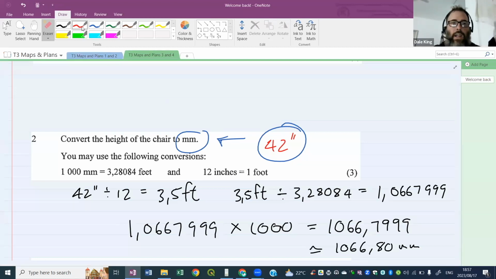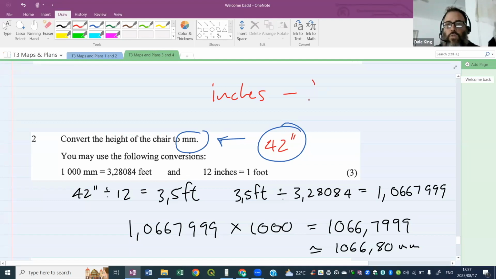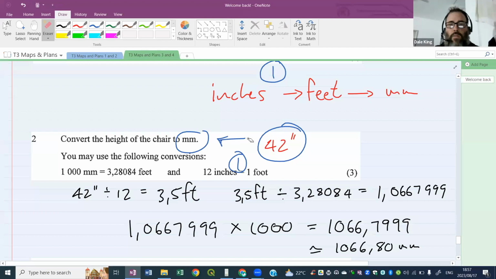Now, from inches to millimeters, we have to convert to feet first, and then from feet we will go to millimeters. So it's a 2-step process. For step number 1, which is inches to feet, we will use this conversion here, which I've labeled as 1.